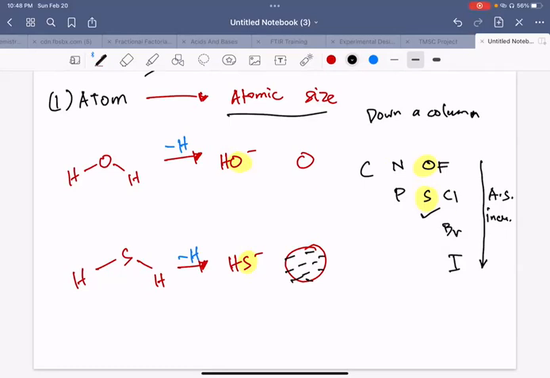There is a bigger space wherein electrons can flow or move, in other words, can occupy. The bigger the size, the more stabilizing it is because of polarizability. That's the essence of polarizability. So, the bigger the size of the atom, therefore, it stabilizes the anion.